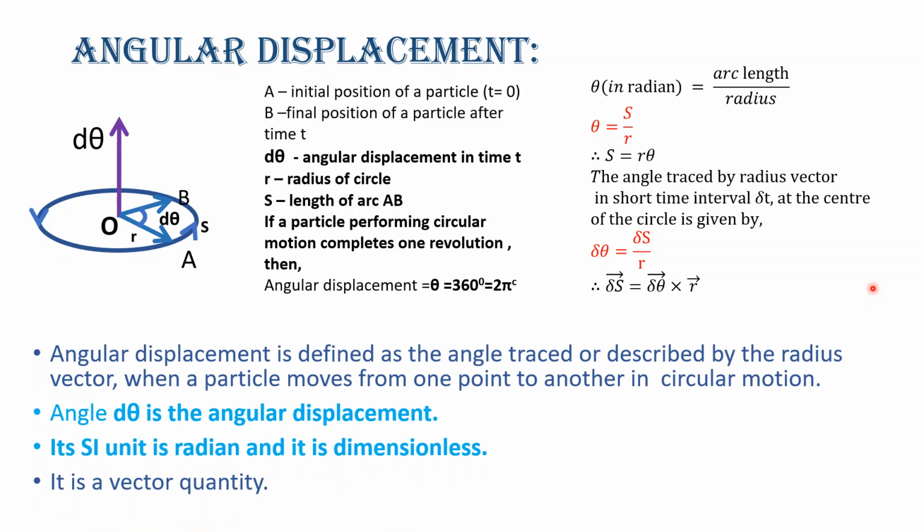So we can define angular displacement as the angle traced or described by the radius vector when a particle moves from one point to another in circular motion, or it is the angle between two radius vectors. It is always given by the letter d theta. Its SI unit is radian and it is dimensionless, as well as a vector quantity.